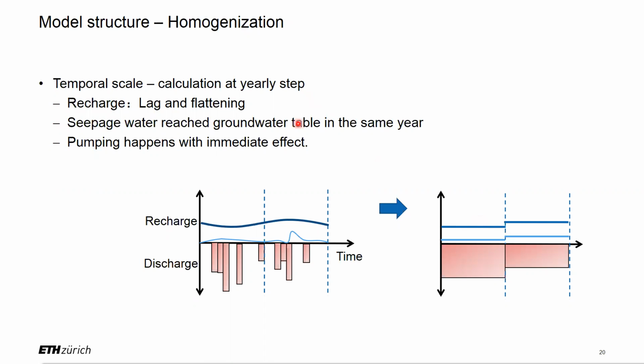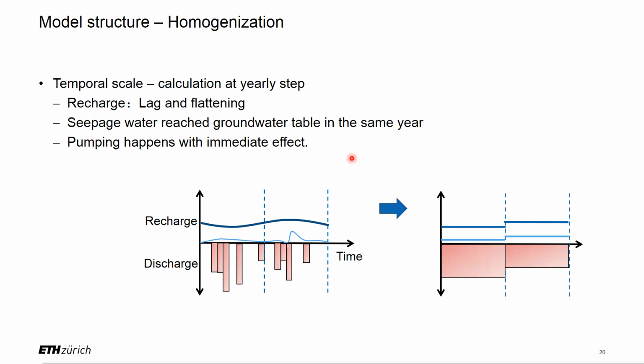So it is no problem that we do it at the yearly step. For seepage, because the seepage water reaches the groundwater in the same year, as long as we know the total water seepage of 1 year, we can just calculate it.